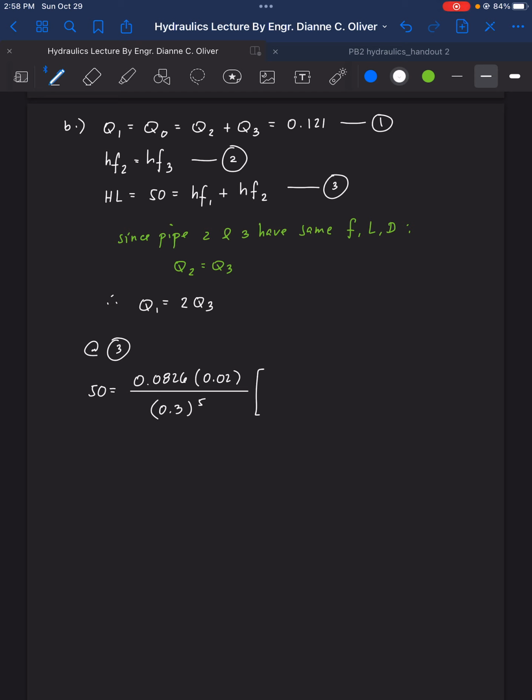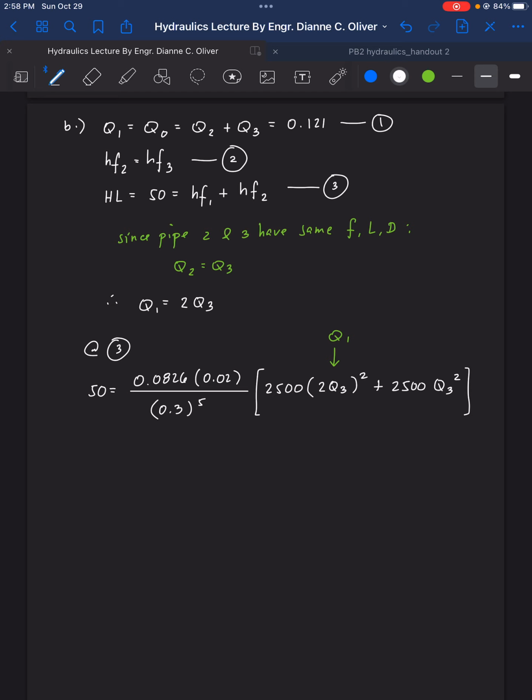So that is 2,500, and then our Q1, that is 2 times Q3 squared, plus 2,500 of Q3 squared.